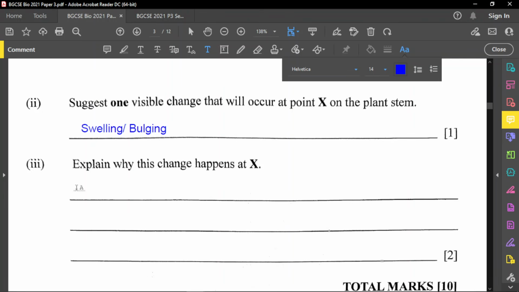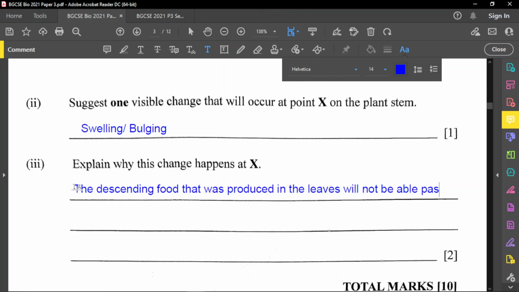Let's say the descending food that was produced in the leaves will not be able to pass that section, X, or you just say that section of the stem.